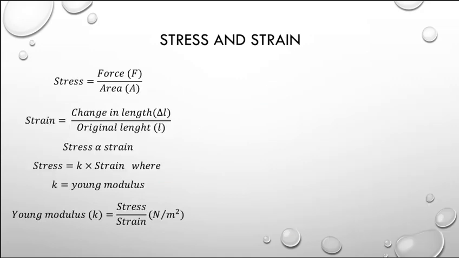Now we move to the concept of stress and strain. When we say stress and strain, it is just making us understand that Hooke's law is applicable to any material. Now what do I mean when I say it is applicable to any material?